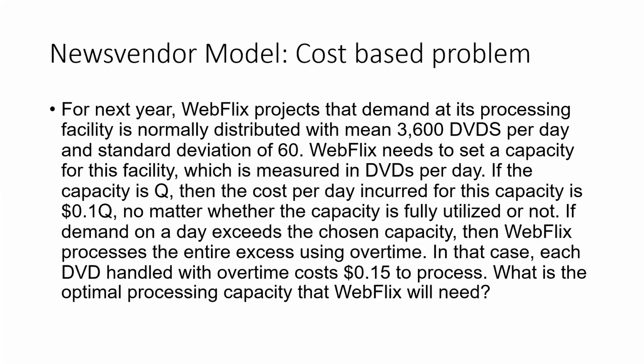This one has a mean of 3,600 DVDs and a standard deviation of 60. This question appeared in, I think, the week 2 problem set, but it's also in your practice problems.